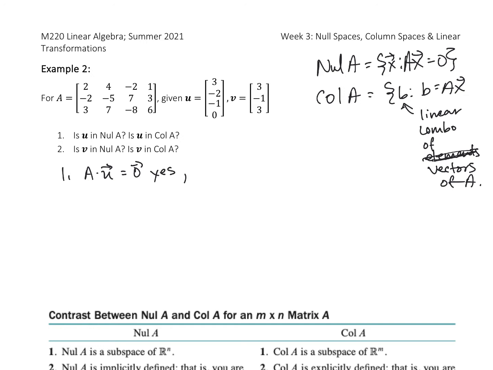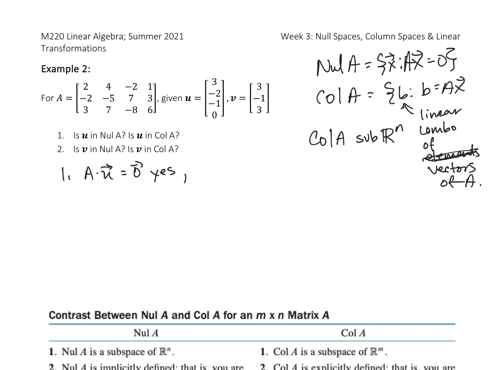Now, is U in the column space of A? Well, remember that the column space of A is a subspace of R sub M. Nope, let's try that again.